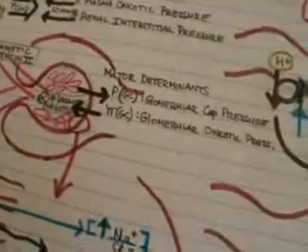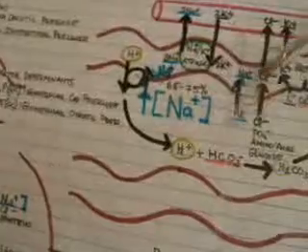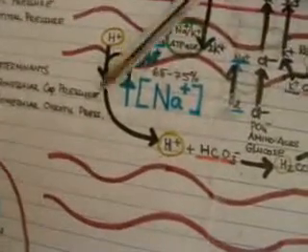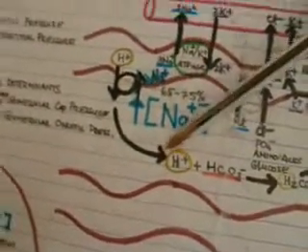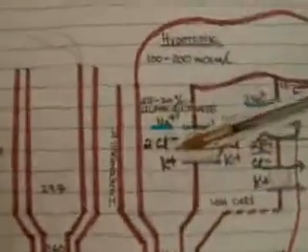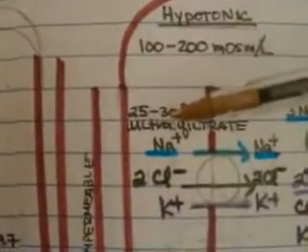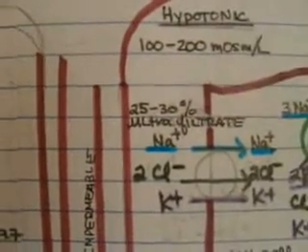So if we were to backtrack and look at the very beginning of the nephron, at the Bowman's capsule, the ultrafiltrate that was created from the plasma enters into the proximal tubule, and we said that 65 to 75% of the sodium is absorbed by the proximal convoluted tubule. As you traverse down and enter into the loop of Henle, approximately 25 to 30% of the ultrafiltrate actually reaches the thick ascending limb.